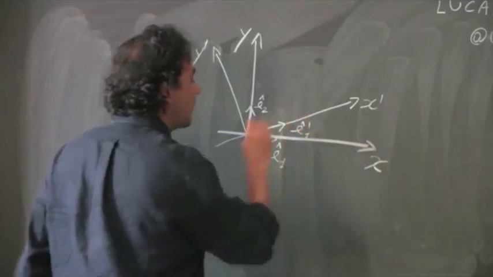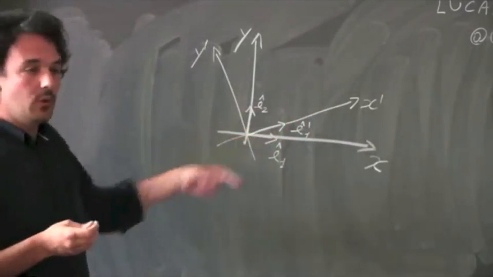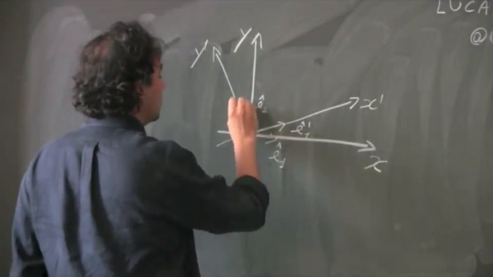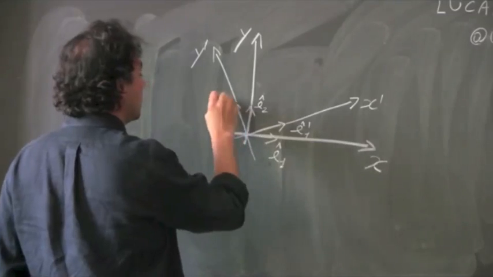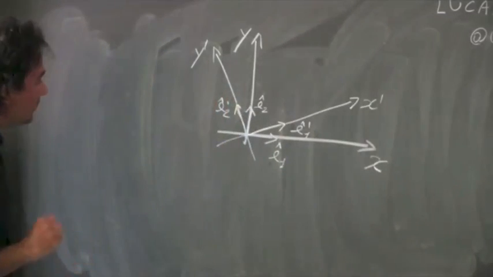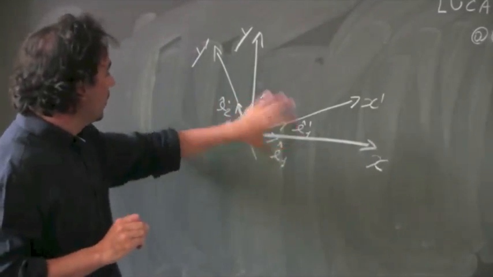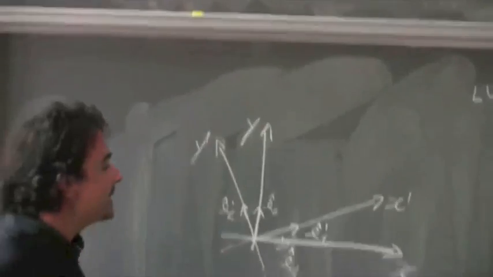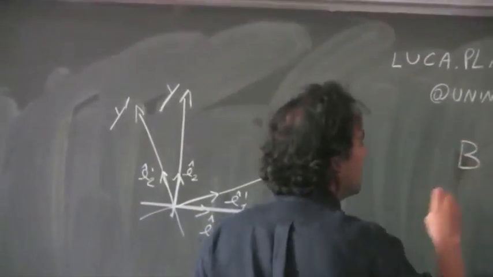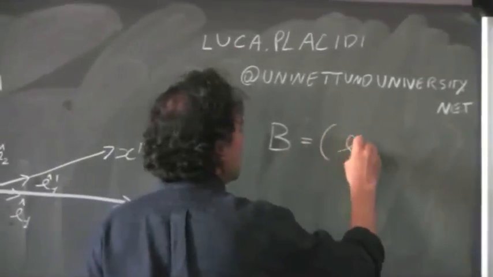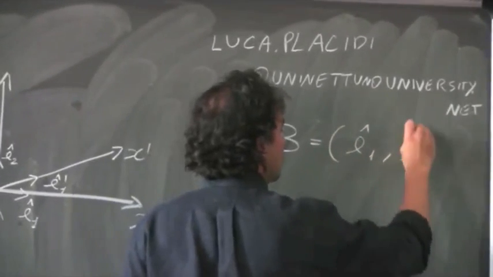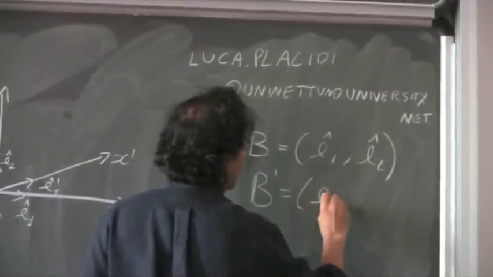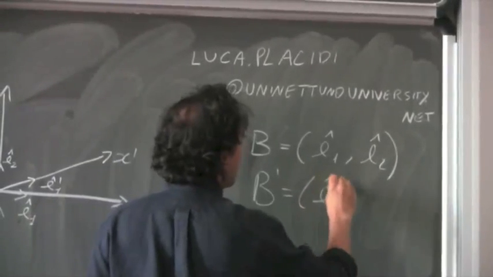And you have here e1 prime that is different from e1, and the second one is e2 prime. So in this way you have four unit vectors. e1 and e2 are one basis that can be called B, and the second basis can be called B prime.